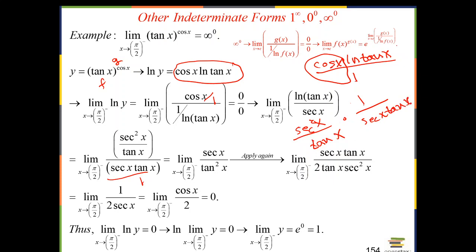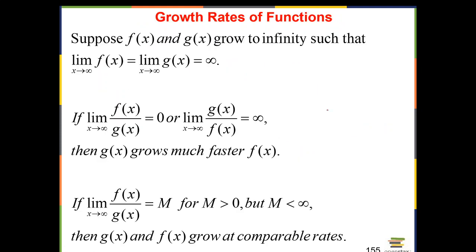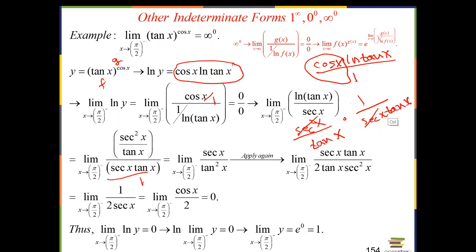Now one of these secants cancels, so you end up with 1 secant over tangent squared.